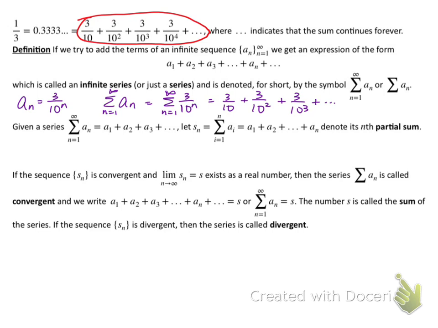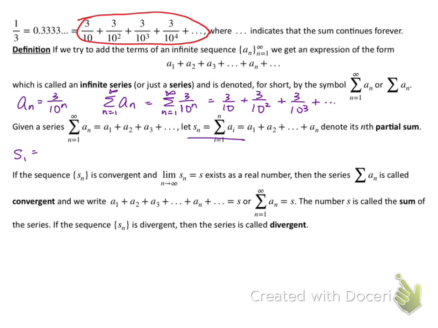Now, given this series, or in general, given a series sigma a_n, we can talk about the first n terms. Well, you can't look at infinite terms at the same time. You always have to stop somewhere, right? So the first n terms give you a partial sum, which is S_n.